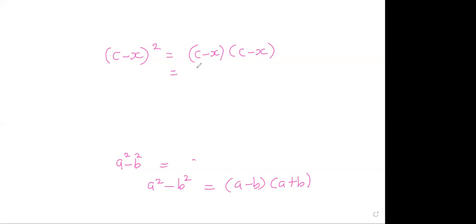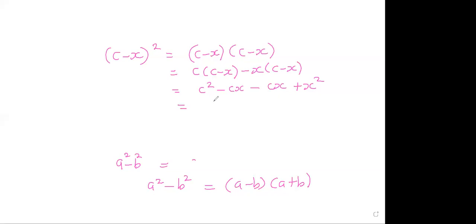C into C minus x minus x into C minus x. Continue opening. Which will be C squared minus CX minus CX plus x squared.